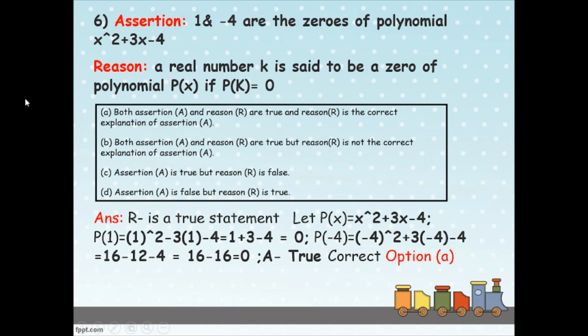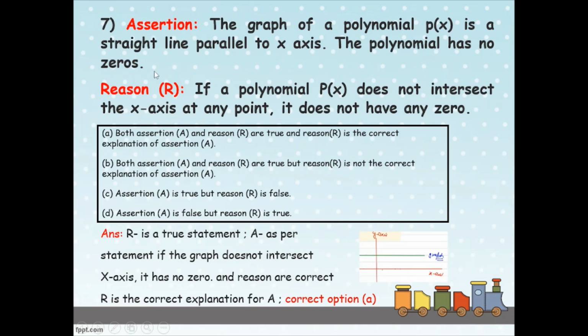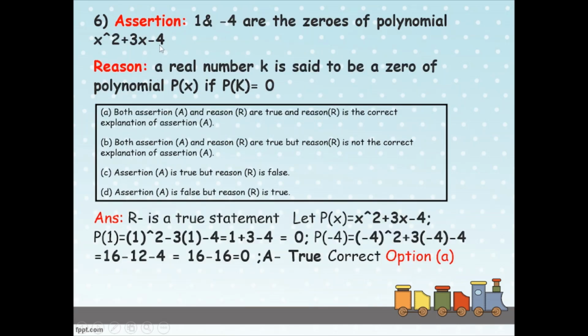So the reason is a true statement. Then you go to the assertion, x square plus 3x minus 4. In that, substitute 1 and check. Yes, it gives 0. Then substitute minus 4: f of minus 4 equals minus 4 square plus 3 into minus 4, and you are getting 0. So both the numbers are the zeros. We have checked by the factor theorem method.